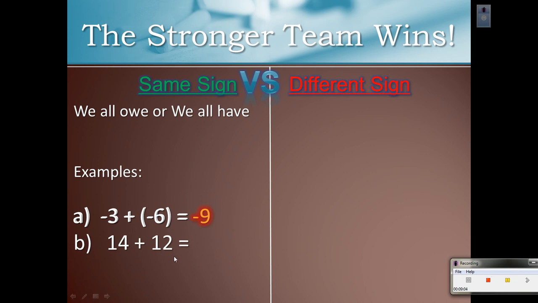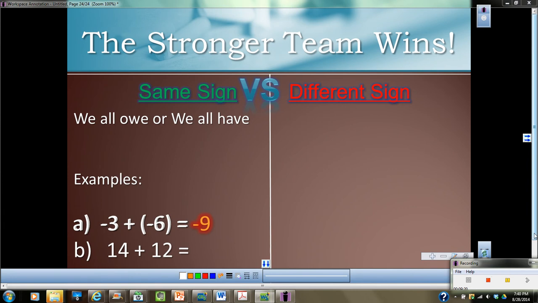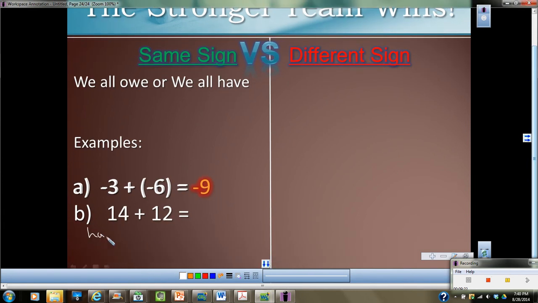Okay, 14 plus 12. Very simple problem, but if someone gets confused with the rules, they get mixed up. Right? They hear a negative and a negative must be a positive, so then they think a positive and a positive must be a negative. Well, that doesn't make sense in real life. Okay? Think about it. If I have $14, right, and then later on I get $12, do I owe money or do I have money?